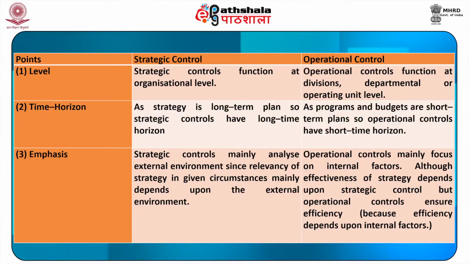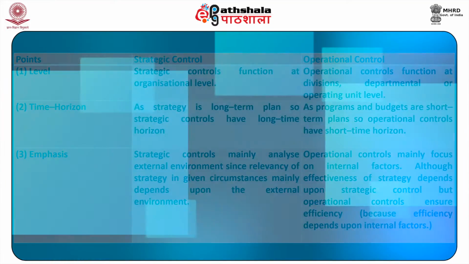Emphasis: strategic control mainly analyzes the external environment, since the relevancy of strategy in given circumstances mainly depends upon the external environment. Operational controls mainly focus on internal factors. Although effectiveness of strategy depends upon strategic control, operational control ensures efficiency, which depends upon internal factors.